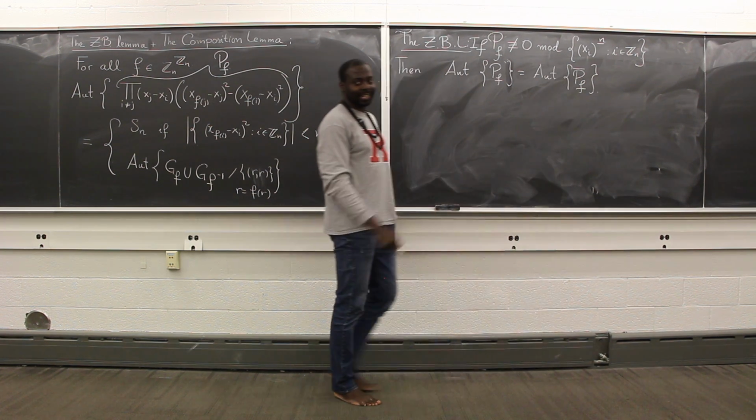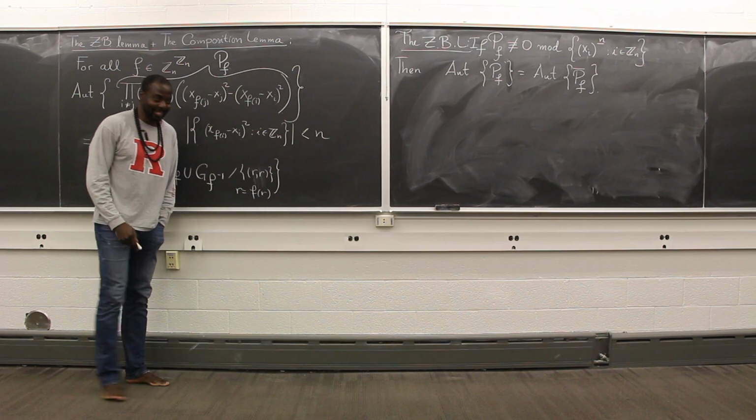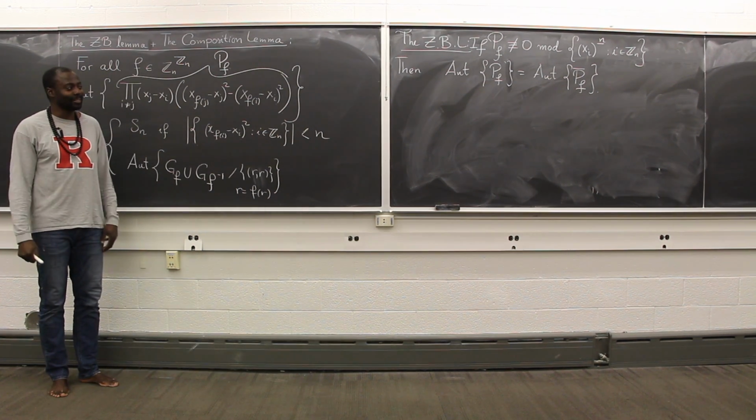And P_f bar is the canonical representative. So we're going to need to review the canonical representative.